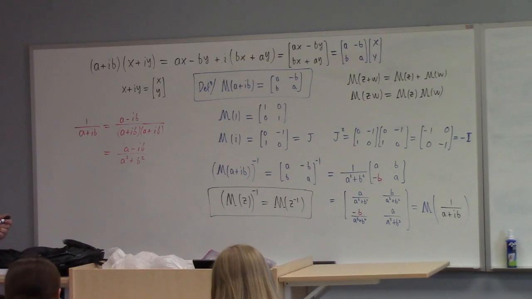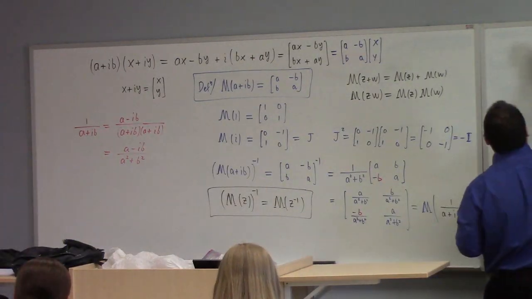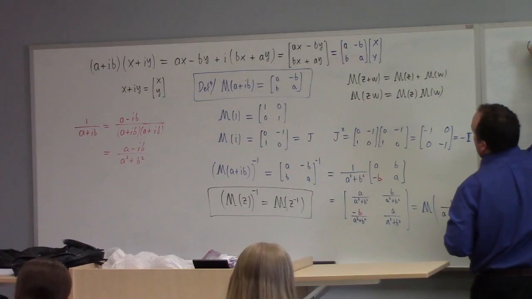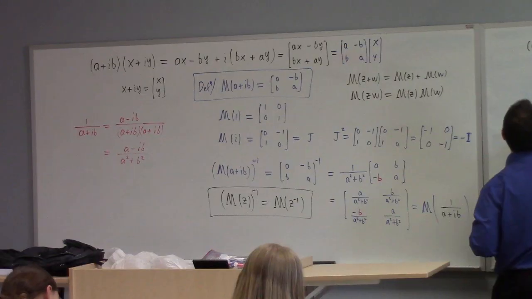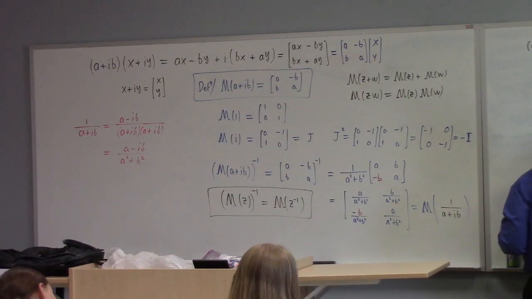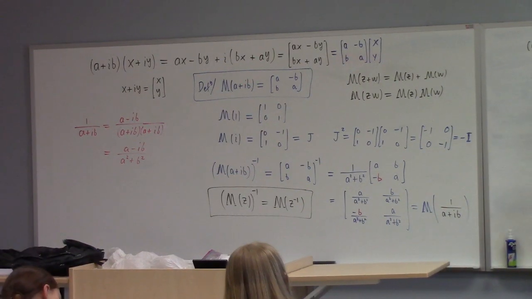But another way to look at it is it's giving us a concrete model of complex numbers as 2 by 2 matrices. We could do the same thing for quaternions. We could find 4 by 4 matrices which correspond to quaternions. The way that would go, basically the same kind of calculation, but we'd have to do, oh man, great googly moogly, a plus ib plus cj plus dk, I'm going to regret this, times t plus xi plus yj plus zk using the quaternionic multiplication we talked about last time, right?